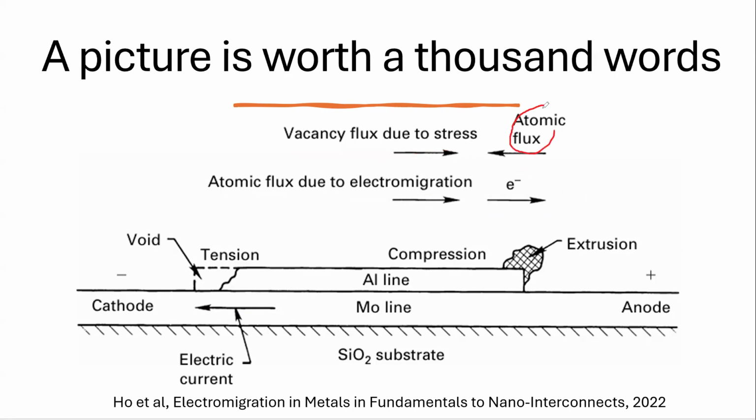So atomic flux is the opposite. So the stress comes into play now. Well, that's not just the electromigration, right? Stress also comes into play. All right, so here in this example, that's pure electromigration. Then here you have the void, and here you have extrusion for potential shorts, right.